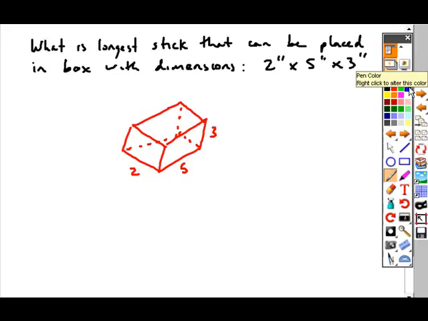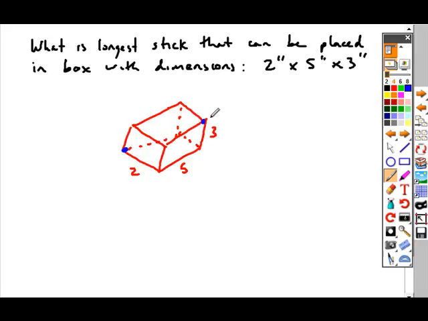All right, now in order to figure out what's the longest item that can be placed in here, the furthest distance from point to point in this solid is going to be one bottom corner to where? The opposite corner on the other side. Would it be the top or the bottom?